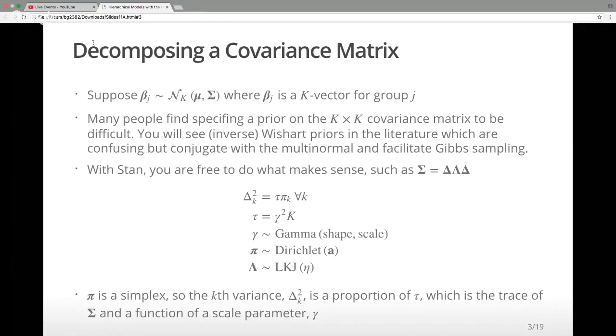A lot of people, I think, avoid taking the Bayesian perspective on this because specifying a prior on the k by k covariance matrix is a difficult thing to do, and so people naturally incline to go with lme4 or PROC MIXED, or there's mixed something in Stata, that are going to estimate these models from a frequentist perspective and not put priors on mu and sigma, although they're going to maintain this assumption that beta sub j, or at least part of beta sub j, is part of the error term, and so they can make multivariate normal assumptions about it.